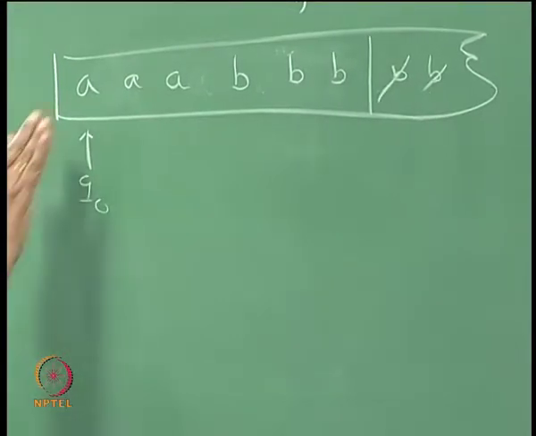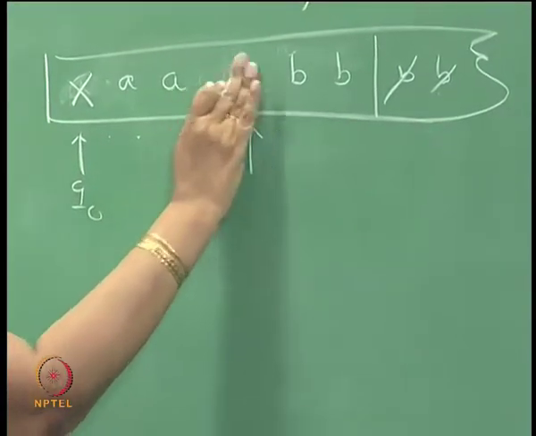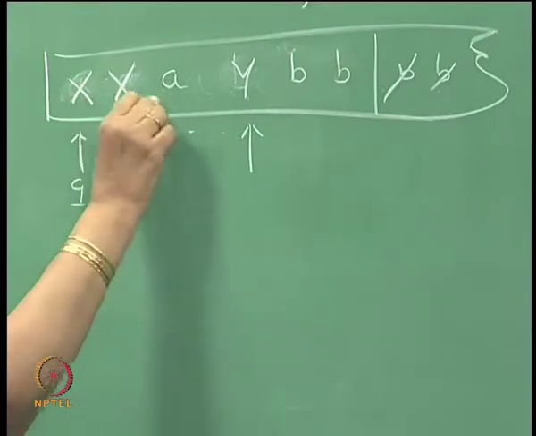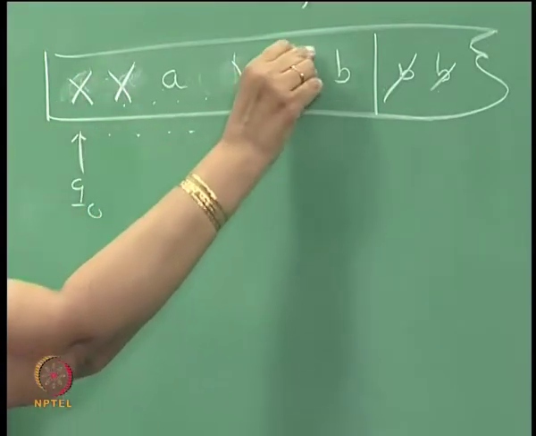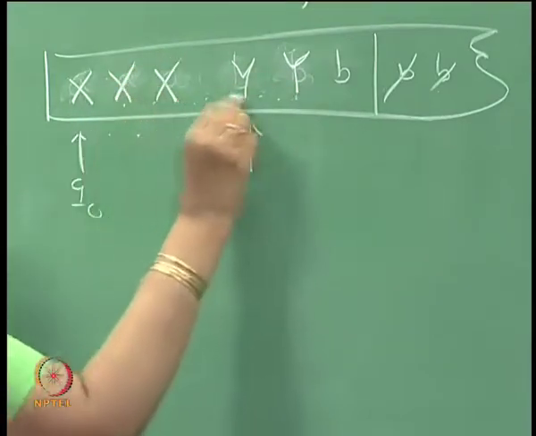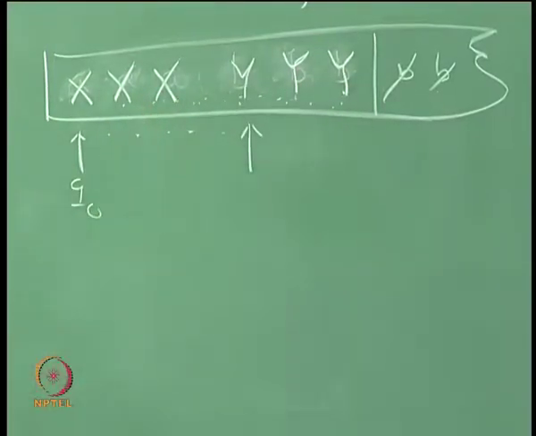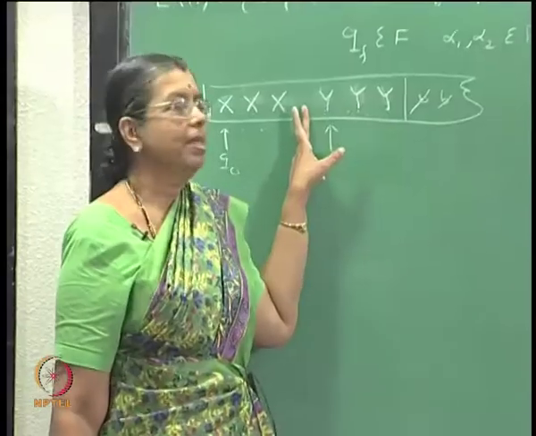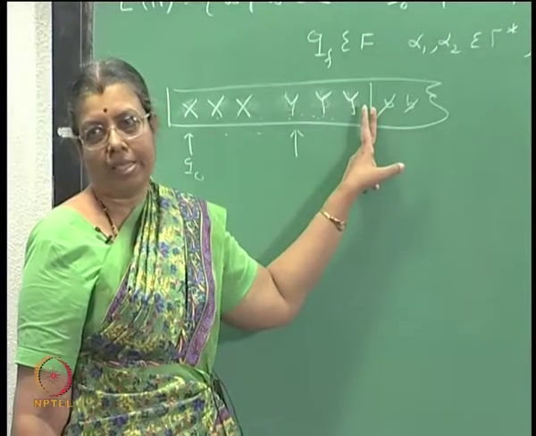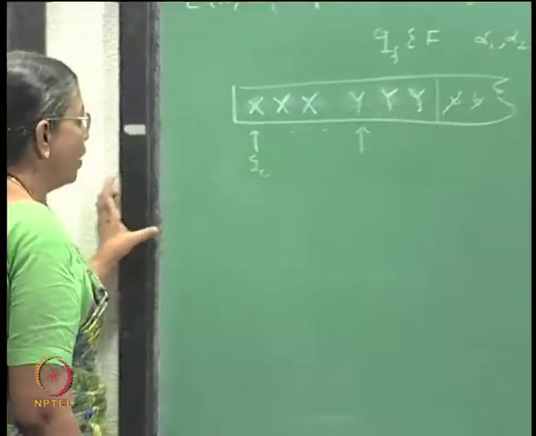What it does, it changes this into x, goes here, changes the B into a y, comes back, changes this a into x, goes back, changes this into a y, comes back, changes this into a x, then goes back, changes this into a y, then while coming back it sees that there are no more a's, it also goes and checks that there are no more B's remaining, it sees the blank symbol, it will accept, right. So, how do you write the mappings?